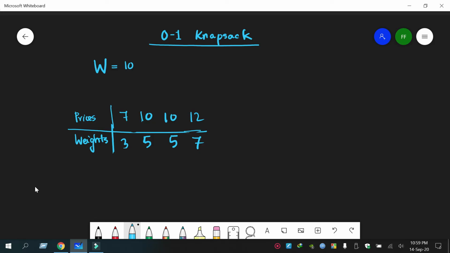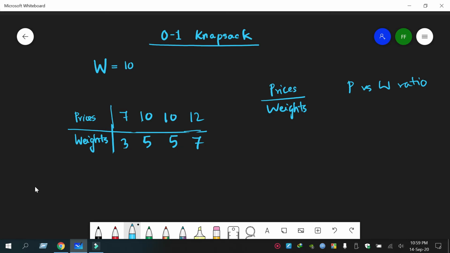We can actually divide the prices by the weights to find out the price versus weight ratio for each of the items. That means what is the price of each item per weight.